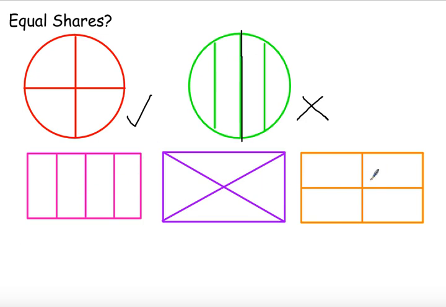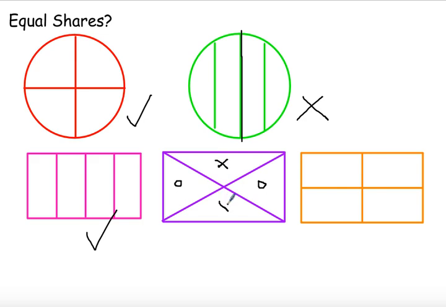Let's take a look at those rectangles. This rectangle is equally divided into 4 shares. So I can use either half here, or 1/4. This rectangle looks like it's broken into 4 parts. These 2 parts look the same. These 2 parts look the same.